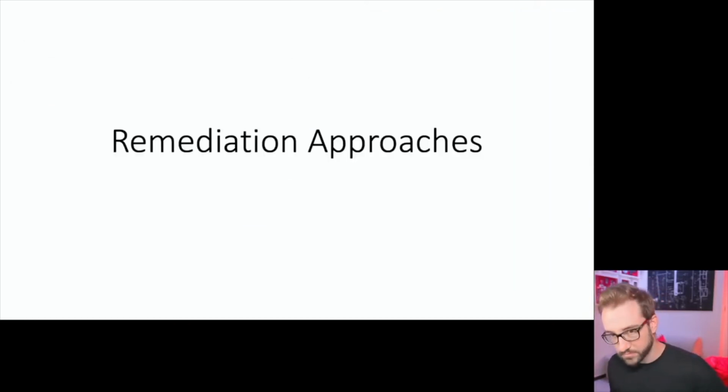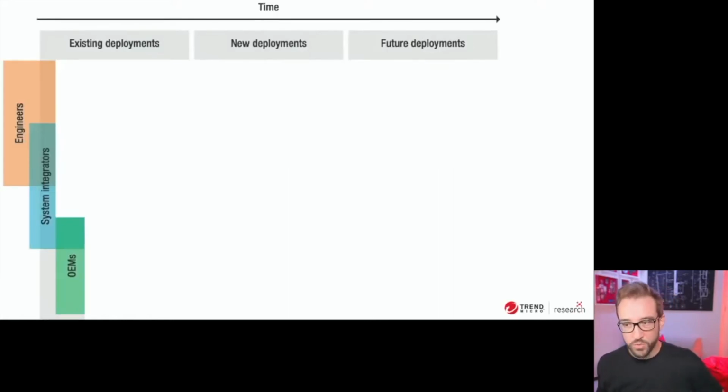So the software wouldn't recognize if there was any alteration. Okay, so this brings me to wrap up a little bit and see what remediation approaches we can adopt. We want to call the attention of automation engineers, system integrators, and OEMs.